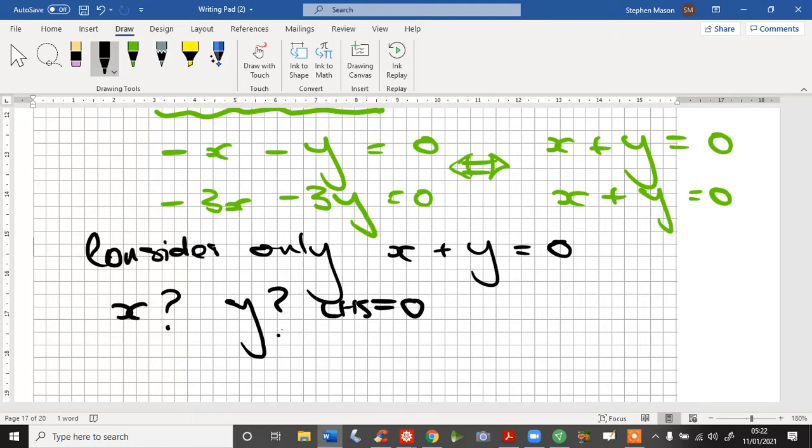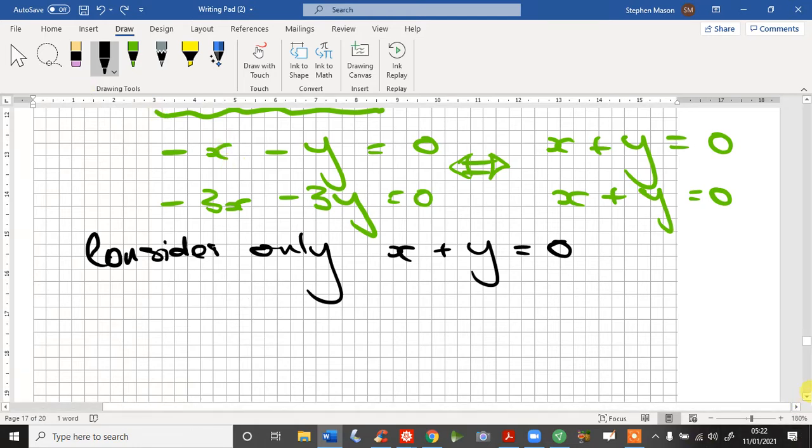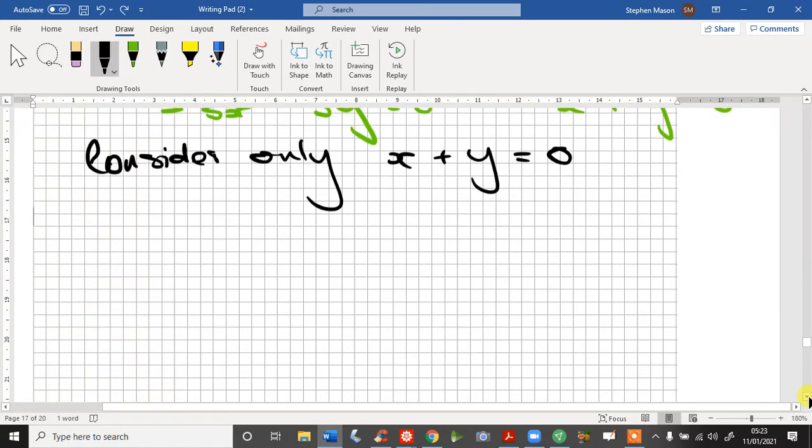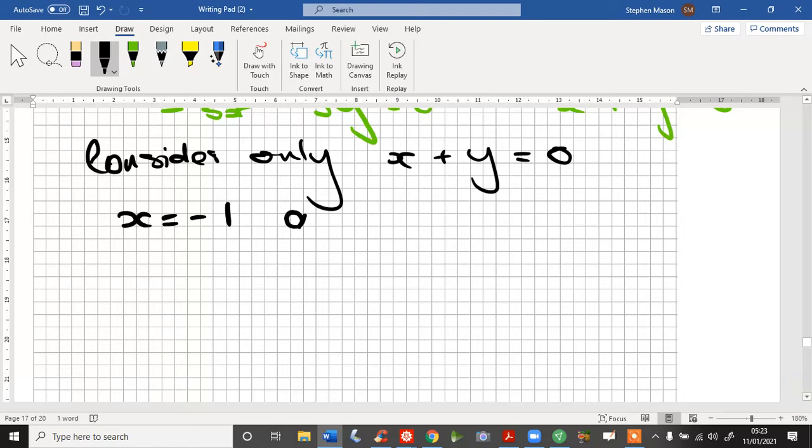Well, actually, you've got an infinite number of values for x and y to make it equal to 0. But we'll choose the simplest ones. I'm going to choose x equal to minus 1 and y equal to 1.